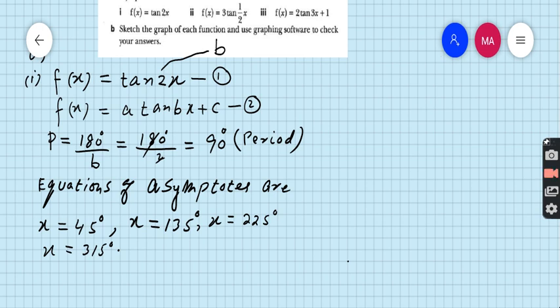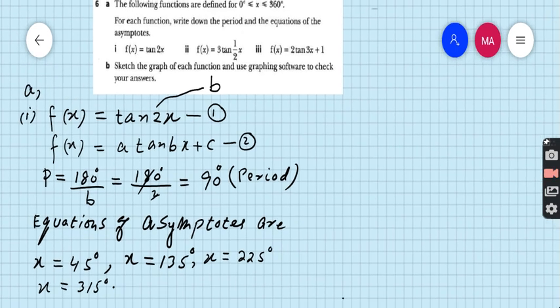Because all these values give you tangent undefined. If you put 2 into 45, 2 into 135, 2 into 225, 2 into 315, you will get an undefined value. Okay, I hope you understand.